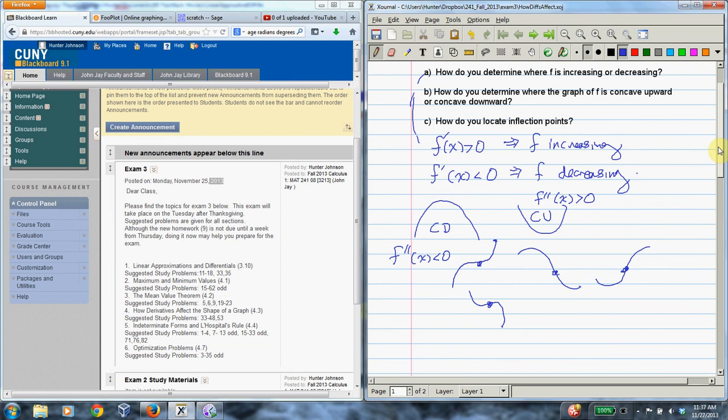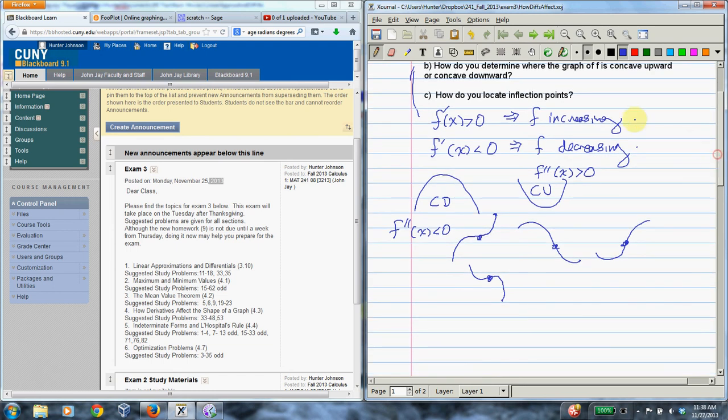And C says, how do you locate inflection points? So you have to solve f double prime equals 0, and that gives you all the candidate locations. So why are they not just automatically inflection points? It's because the second derivative actually has to change sign. So you need to make sure that it changes.